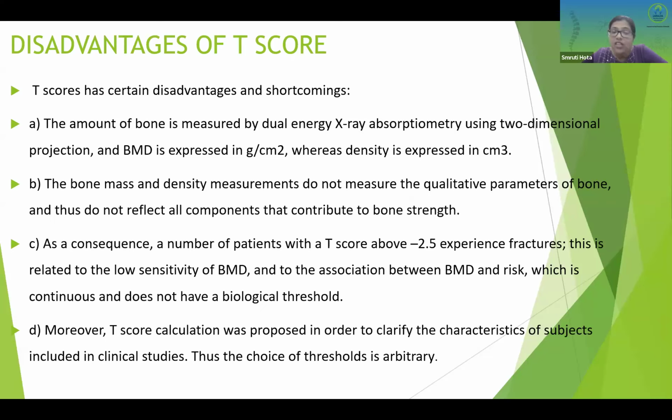We are not capturing the bone volume here, only an area-based estimate. Secondly, DEXA measures bone quantity, not quality. It doesn't assess the microarchitecture, collagen matrix, or mineralization, all of which are vital for real bone strength. And thirdly, many patients with a T-score better than -2.5 still suffer fragility fractures. So why is this happening?